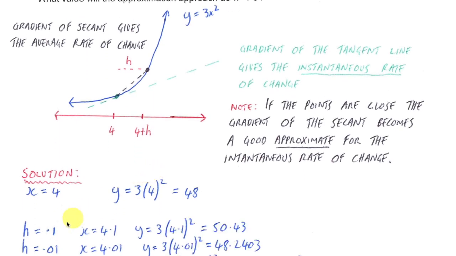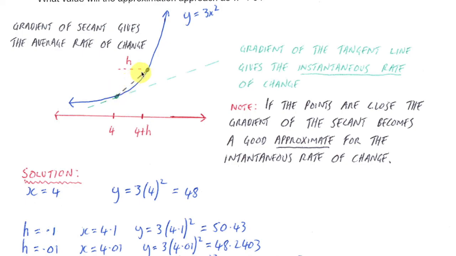So for where h is equal to 0.1, x here is 4.1. If I substitute 4.1 into the function, I'm going to get 50.43. So now what I know is that this point is (4.1, 50.43), and this point here is going to be (4, 48).